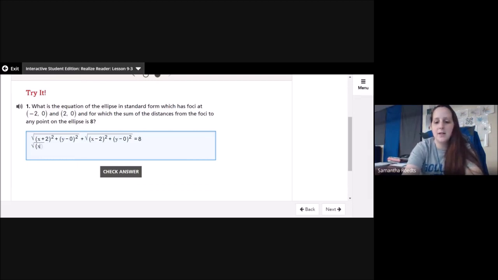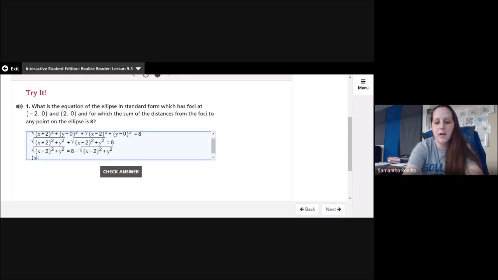I'm going to simplify: the square root of (x plus 2) squared plus y squared, plus the square root of (x minus 2) squared plus y squared equals 8. I'm going to move the second square root to the other side, and then I'm going to square both sides.